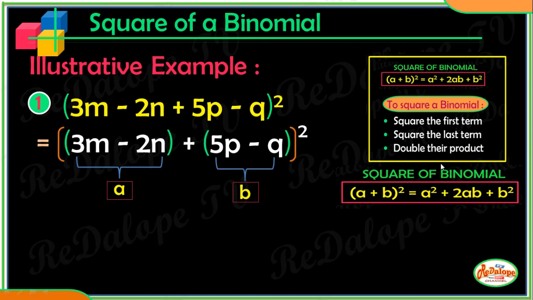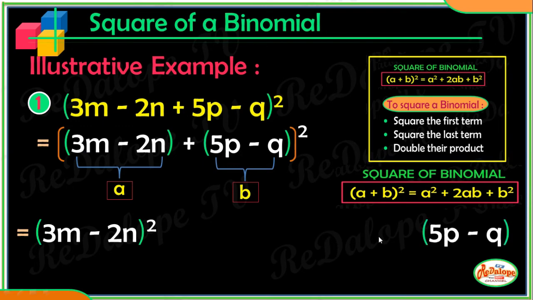Then applying this formula, what will happen? We will square a. A happens to be 3m minus 2n, so we square 3m minus 2n raised to square to get the first term. To get the last term, we need to square the b, which happens to be 5p minus q. So we have the last term here, which is 5p minus q raised to square.